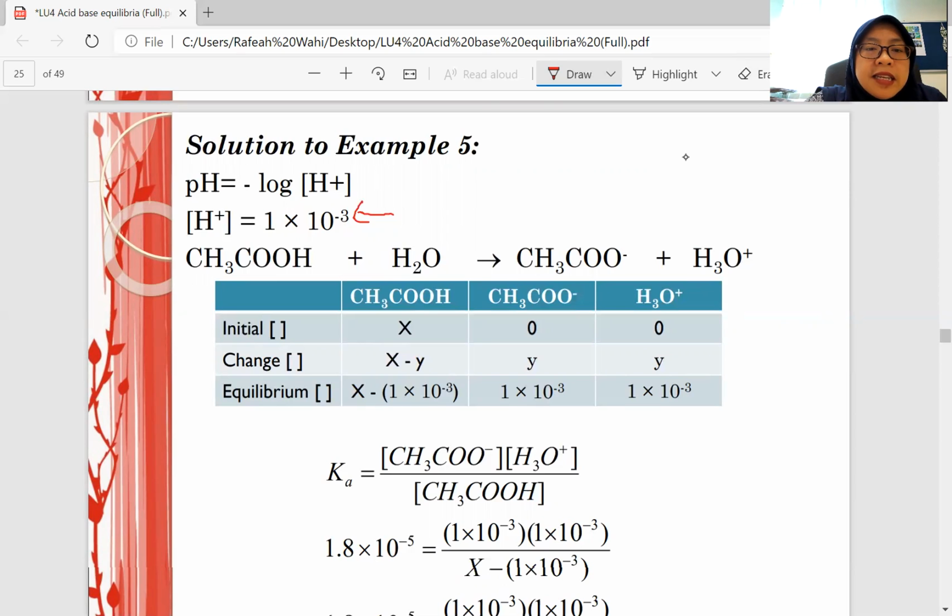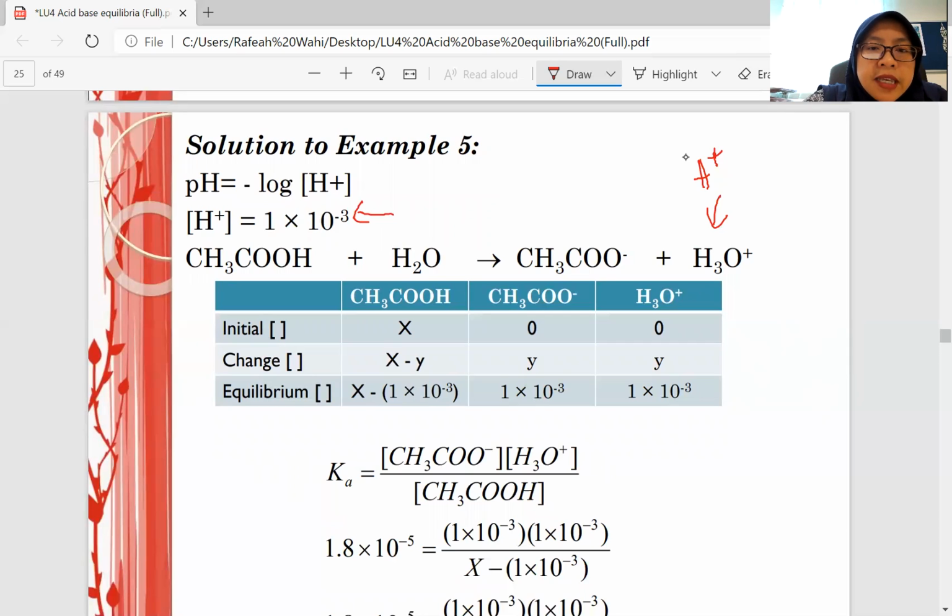So again, like I've mentioned just now, for any weak acid dissociation problems, we need to come out with the dissociation reaction. In this case, acetic acid dissociates into acetate and the hydronium ion, or you can call it H plus ion as well, no problem, because we can use H plus ion and hydronium ion interchangeably.